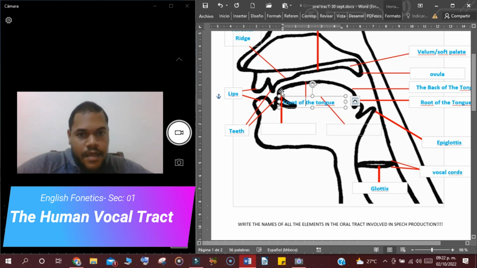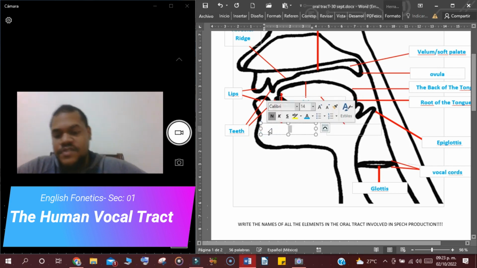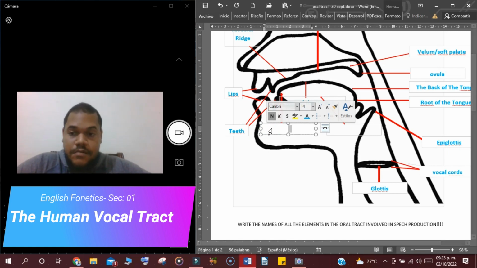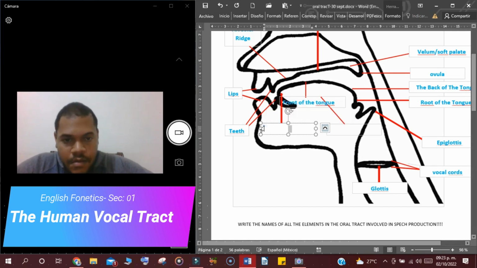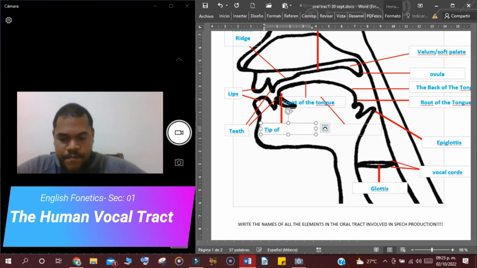And then at the beginning of the tongue, we have the tip of the tongue, used to articulate alveolar sounds and most of the sounds. Tip of the tongue.